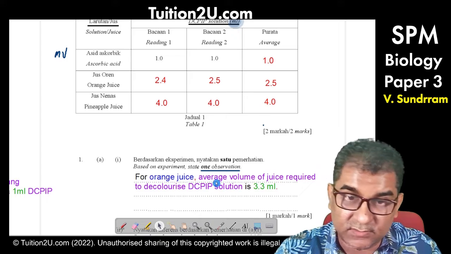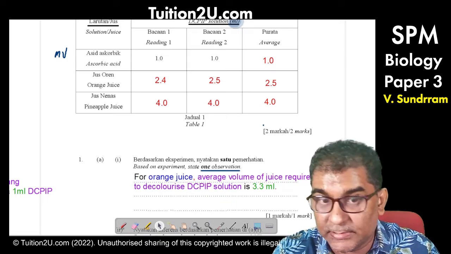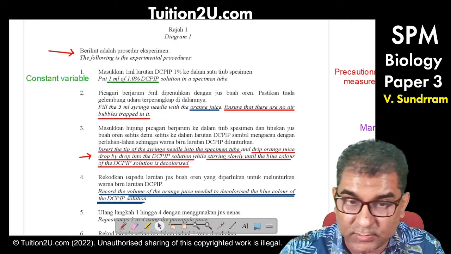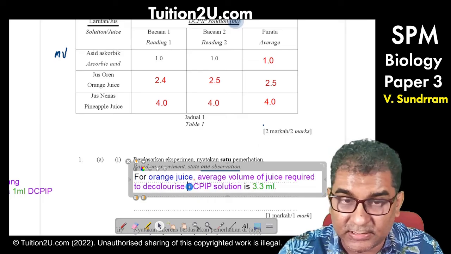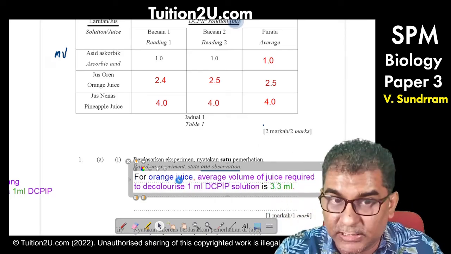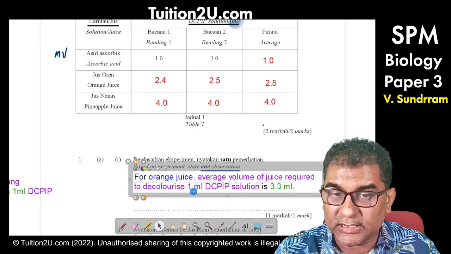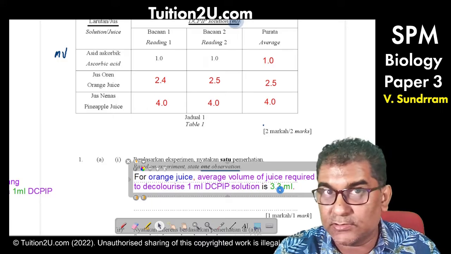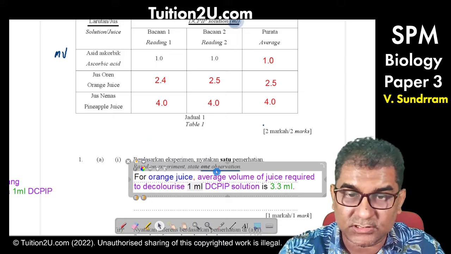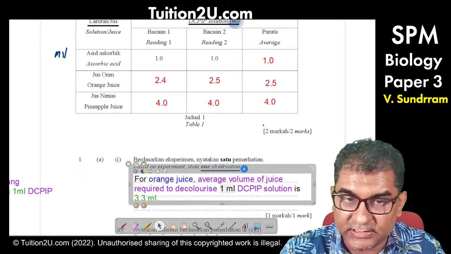So when I look at this, I realize that I don't have the constant variable. If I go back, I see the constant variable is 1 ml. So I can make my answer better by adding in here 1 ml. So for orange juice, manipulated variable, average volume of juice required to decolorize 1 ml of DCPIP solution is 3.3 ml. This 1 ml is the constant variable. So every variable that we need is here.